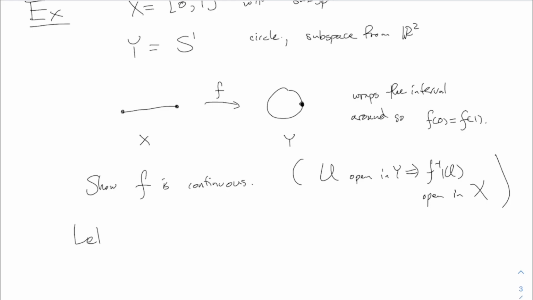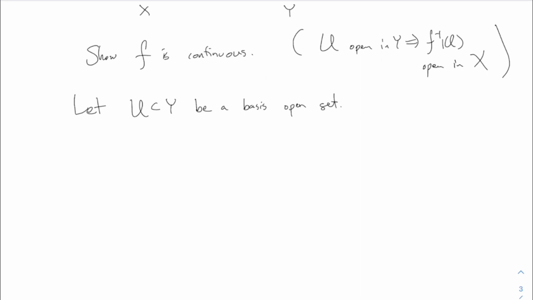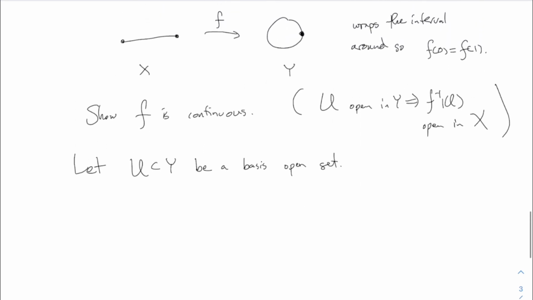So I'm going to begin by saying let U, a subset of Y, be a basis open set. And then I want to show the pre-image of U is open in X.